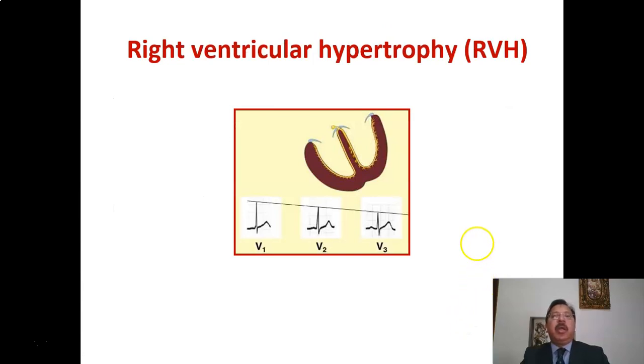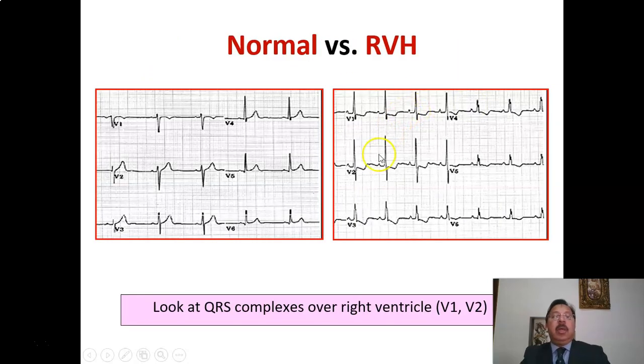Now, after the left ventricular hypertrophy, let's talk about right ventricular hypertrophy. For right ventricular hypertrophy, you are going to look at the leads which are over the right ventricle, like lead V1, V2. Okay, so look at the chest leads again. These are the chest leads V1 till V6.